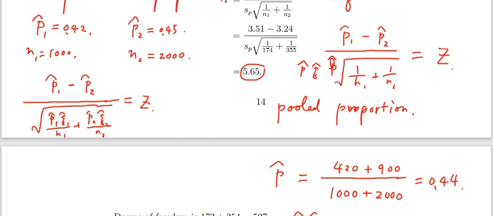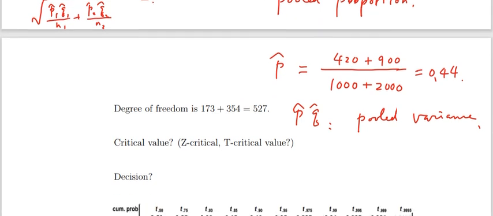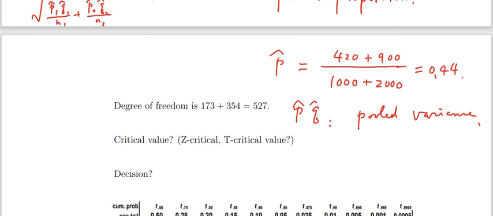Among 3,000 people, 44% of people like them, right? So then we can find this test statistic. This equals 42 minus 45, the P1 hat minus P2 hat.